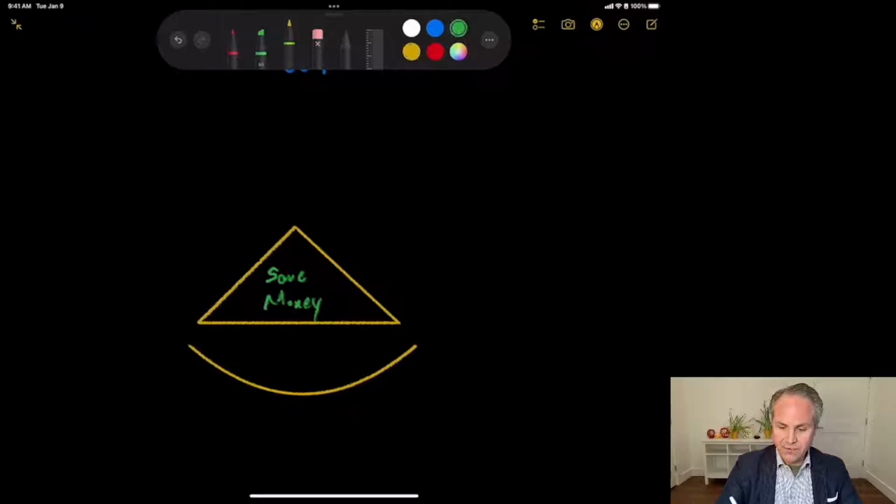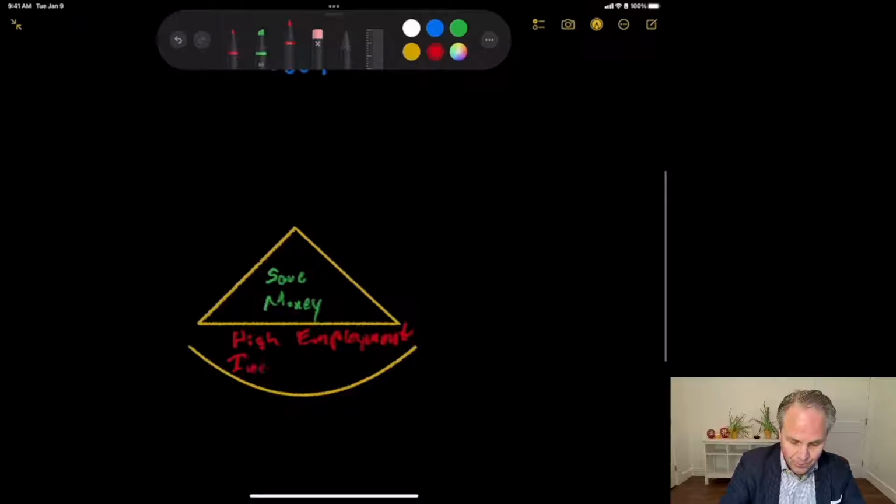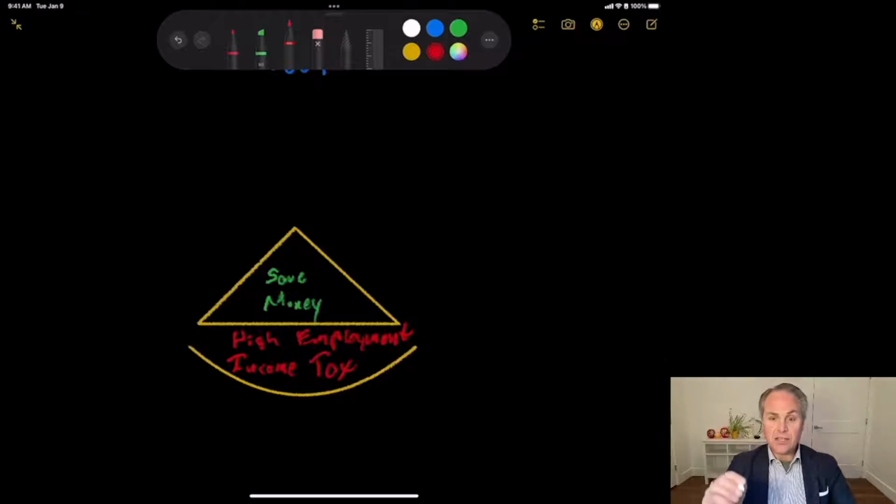It'll be different for everybody, but the problem here is high employment income tax. So that's our problem. We're an employee, we're a valuable employee, we're getting paid a lot of money, and we're ending up paying a lot of tax as a result of that.